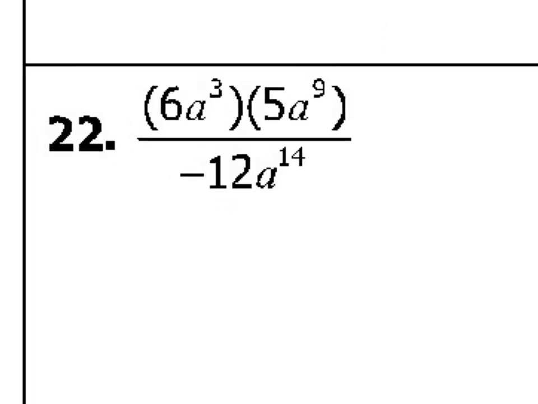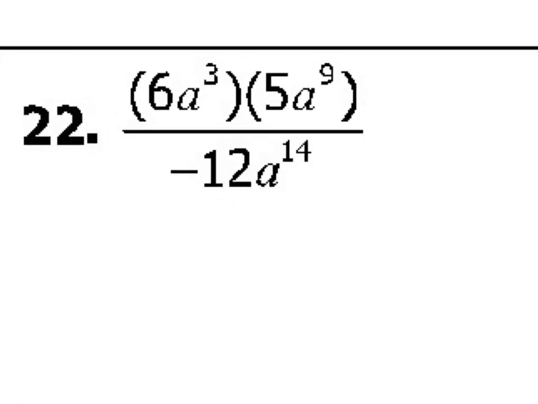Okay, remember on Monday we talked about if you have a numerator with more than one term, one monomial in it, then you need to do that first and get it down to a single monomial on numerator and denominator before you divide. So we need to multiply these things first.